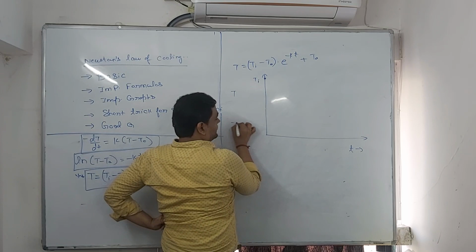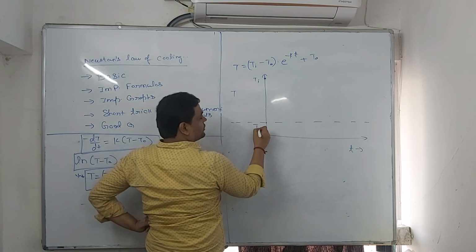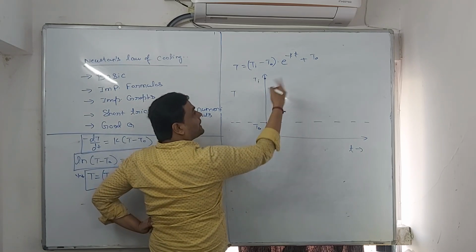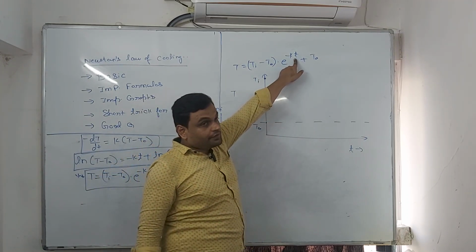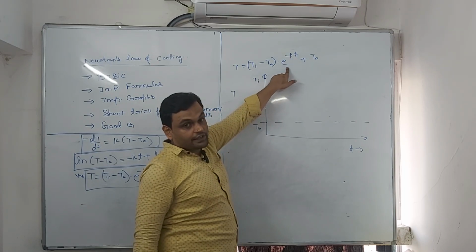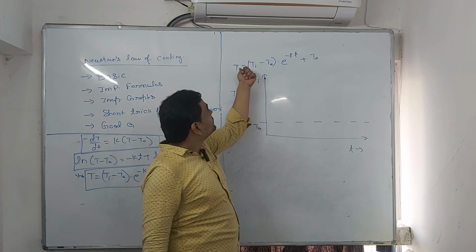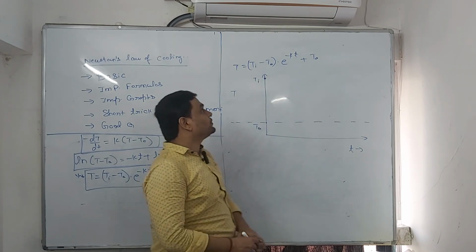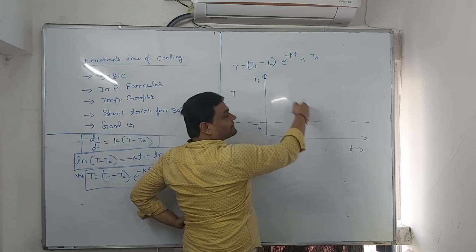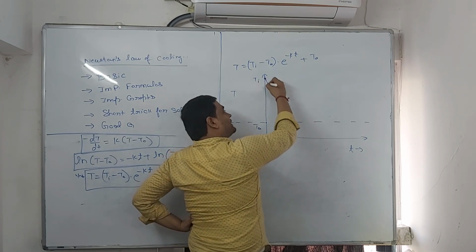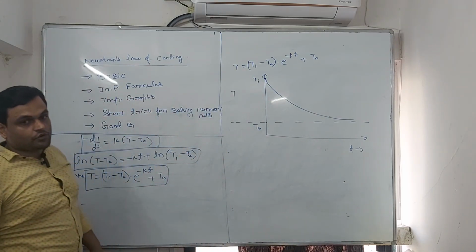After that, let us say this line represents the temperature of the surroundings. After a very long time, put t as infinity. 1 upon e to the power infinity will be 0. This particular term will become 0. So T will reach up to T naught. But it will not reach in a straight manner. It will go in an exponentially decreasing fashion, in this manner.